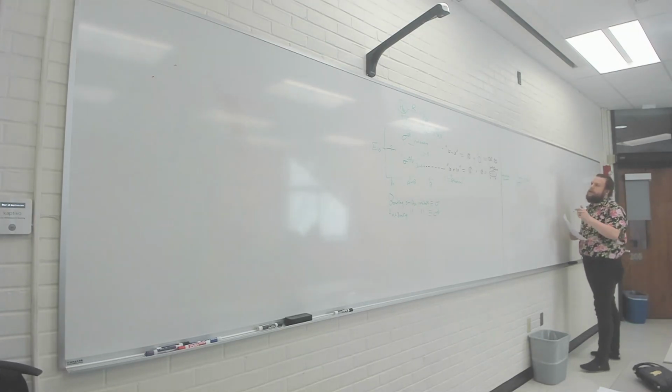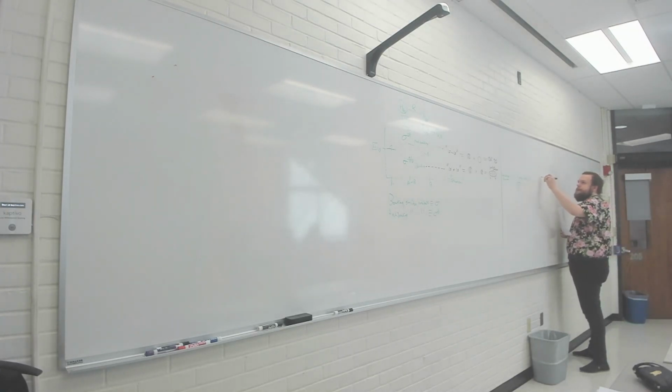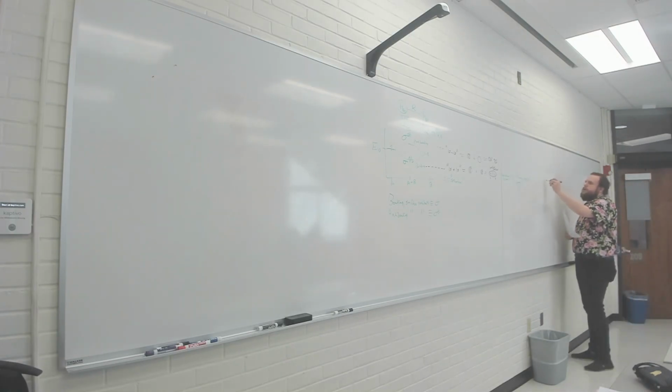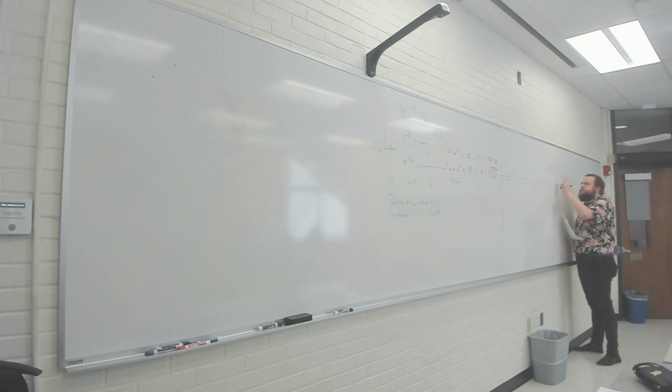So let's think about that. That means that our wave function for a nitrogen atom, our atomic orbitals that we're going to combine to make molecular orbitals, we're going to want to have a hydrogen function for the 1s orbitals, a hydrogen function for the 2s orbitals, a hydrogen function for the 2px, a hydrogen function for the 2py, and a hydrogen function for the 2pz.